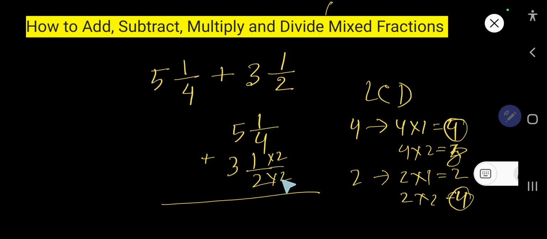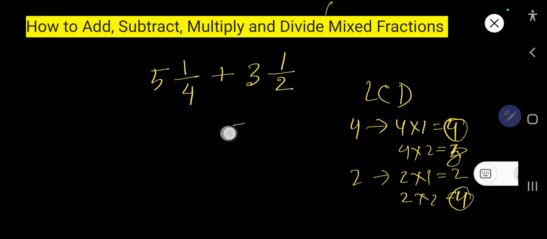Now 2 times 2, that is 4, and here we are getting 4, right? Now add 8, then take 4 as a denominator and add here 1 plus 2, that is 3 over 4. So 8 and 3 over 4 is the answer. This is the second method, right?